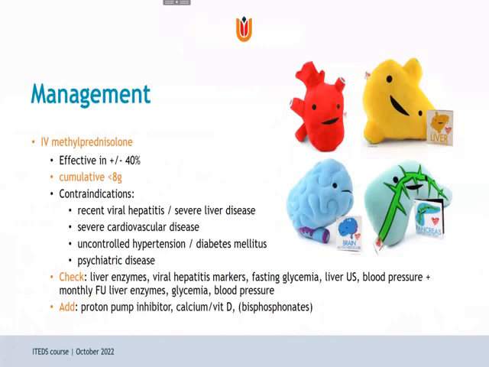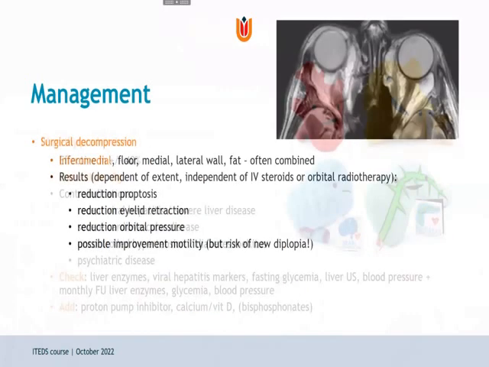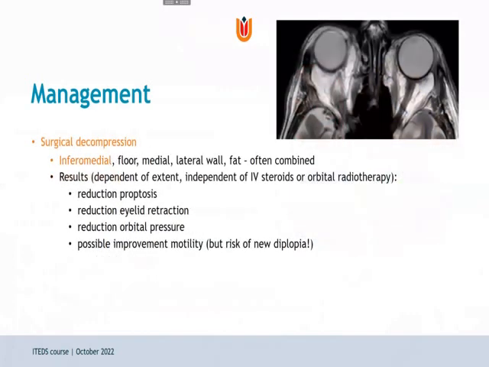It's also wise to add a proton pump inhibitor and to think of osteoprophylaxis through calcium or vitamin D, and if necessary, bisphosphonates. So surgical decompression: the inferomedial wall is most closely related to the optic nerve, but often a combined decompression of the inferomedial, medial, lateral wall, floor, or fat is performed.